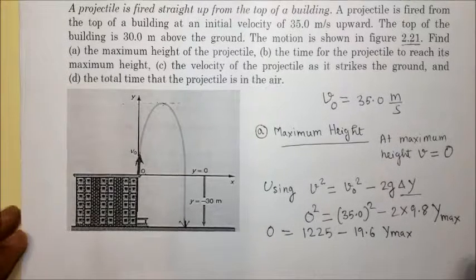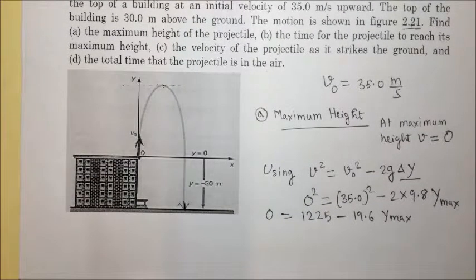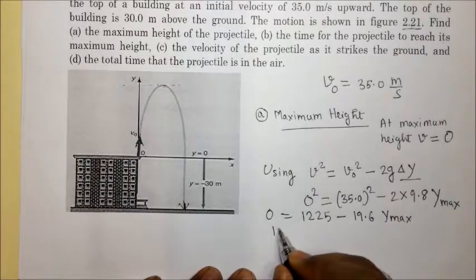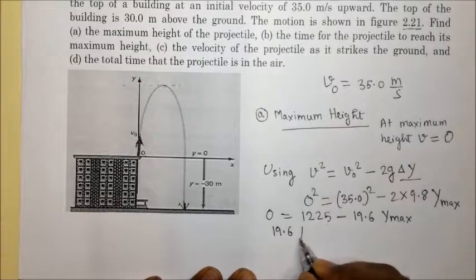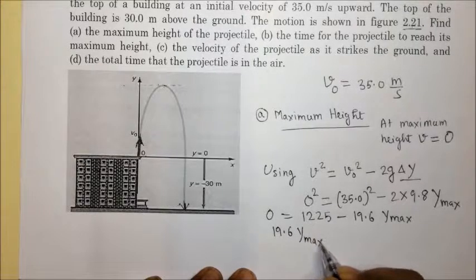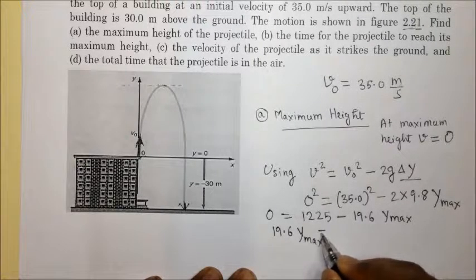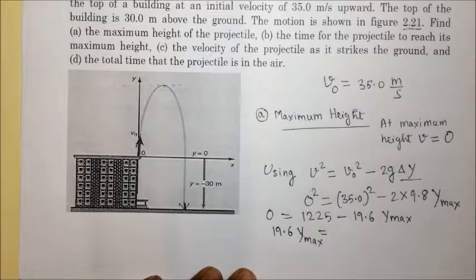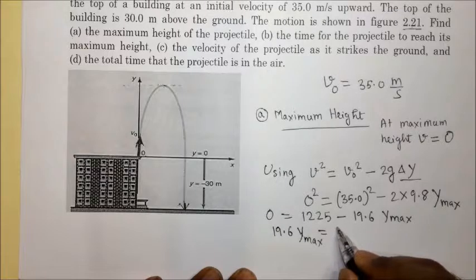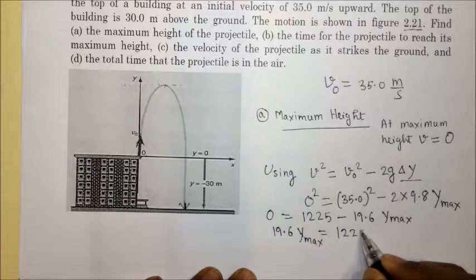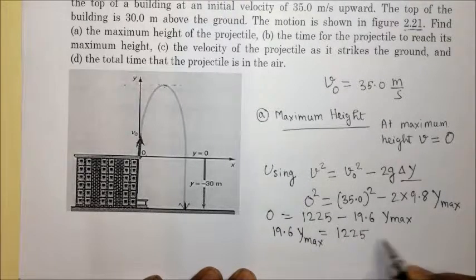Okay, so if you simplify this, 19.6 Y max is equal to 1225.